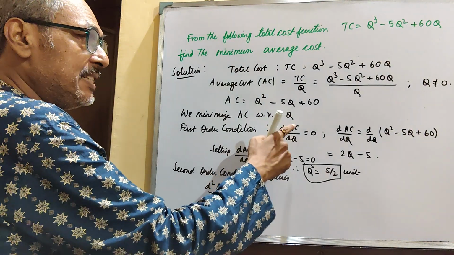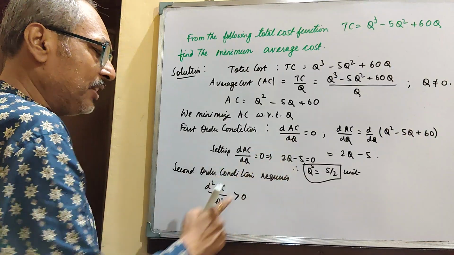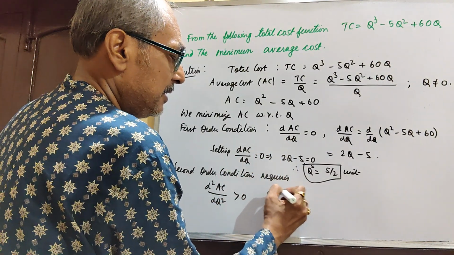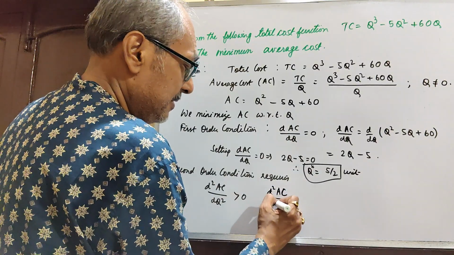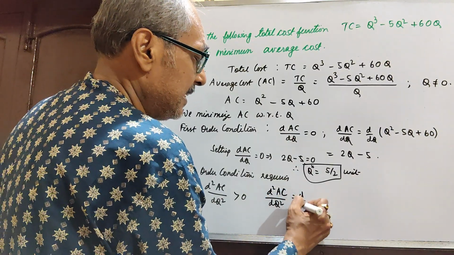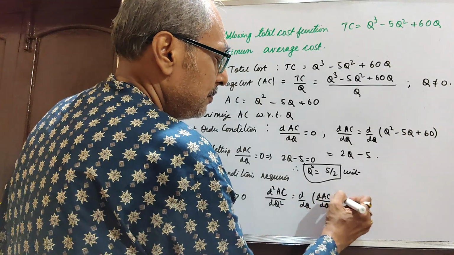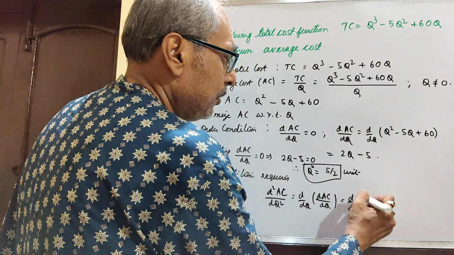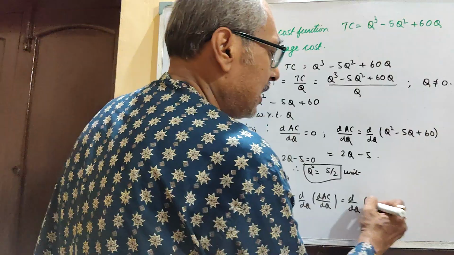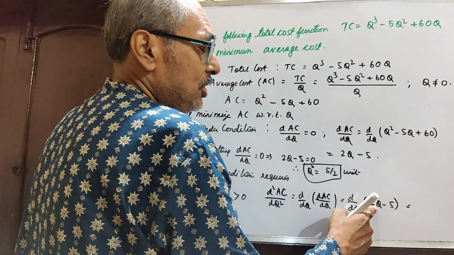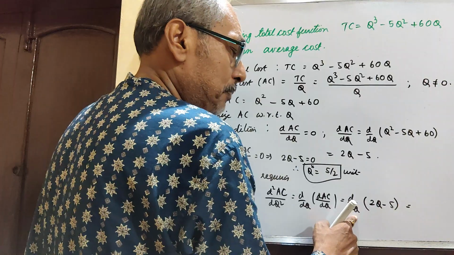We differentiate dAC by dQ with respect to Q. dAC by dQ is 2Q minus 5. We differentiate 2Q minus 5 with respect to Q.